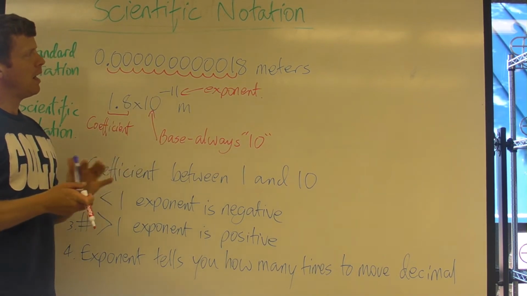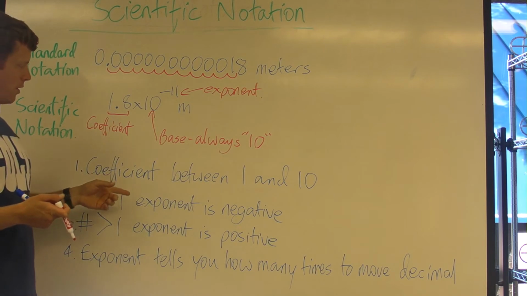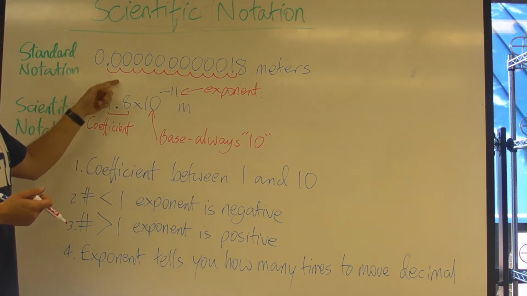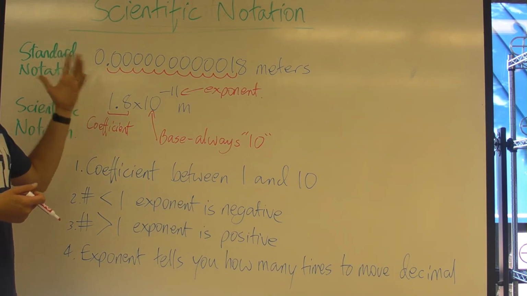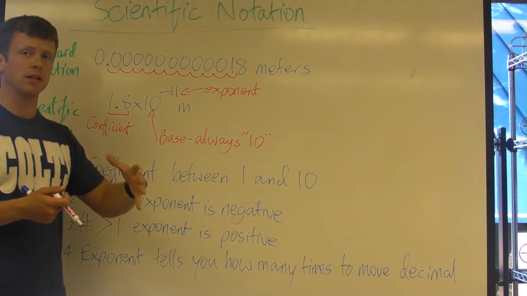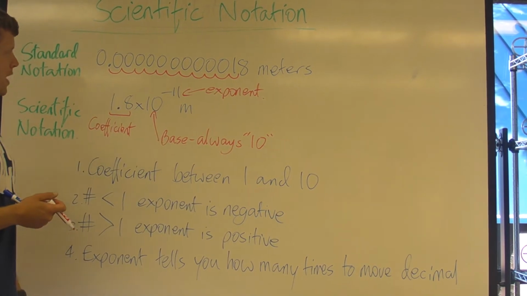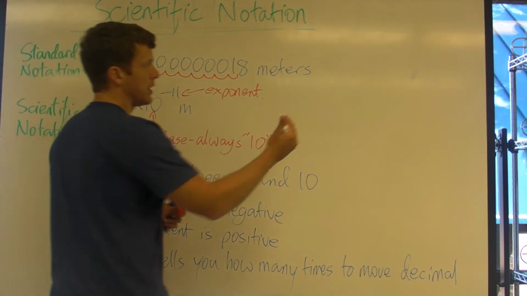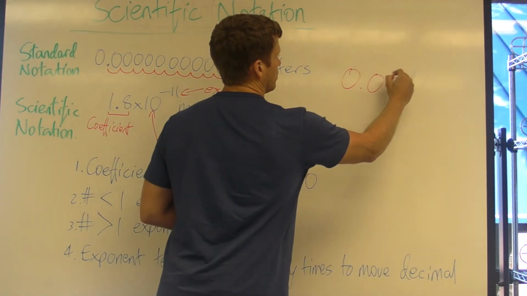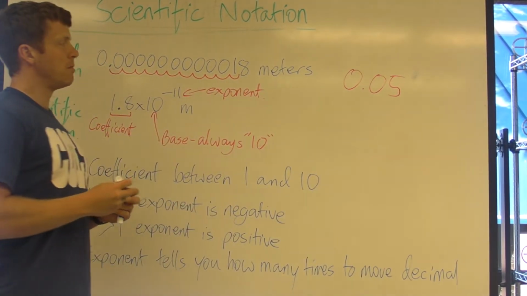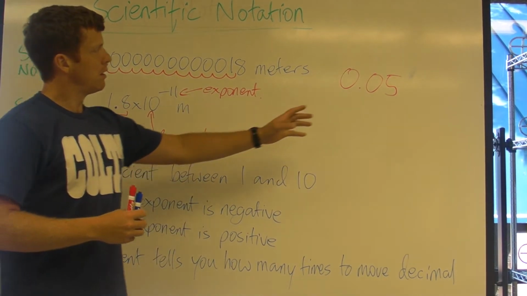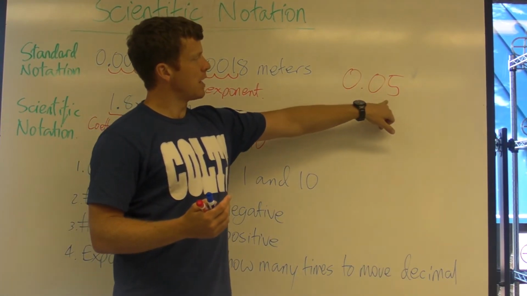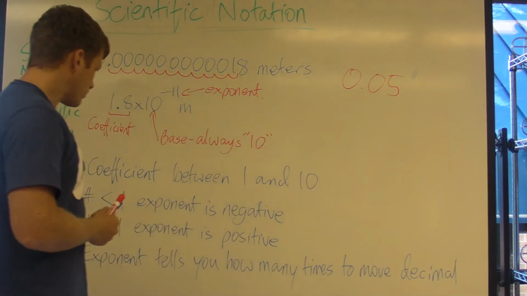The way to tell whether you're going to have a negative or positive exponent is to look at what the number starts with. If it starts with a 0, it's less than 1. So if it starts with 0 point something, then your exponent will be negative. Even if you had a really simple number to deal with, like 0.05, you'd actually have a negative exponent as well.